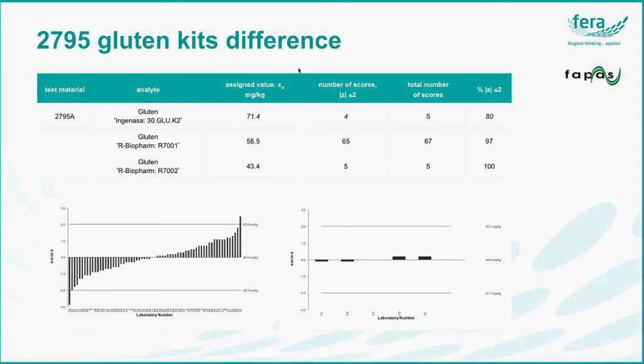And in fact, not just that, there might also be differences between the manufacturer's different ELISA kit products, as we can see here for gluten, where we have 3 assigned values, 2 of which correspond to the same manufacturer but different products. Not only can they give different assigned values, they can give very different distributions, as you can see in the charts below.